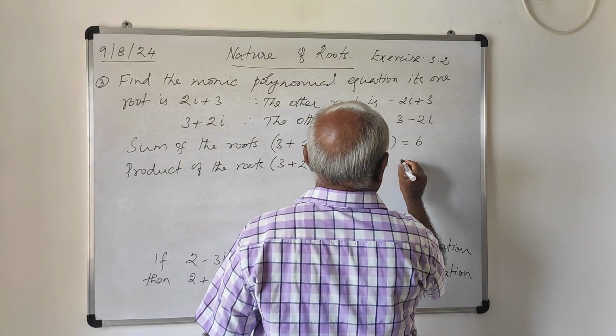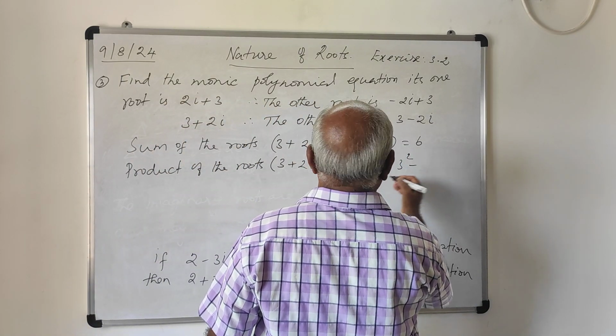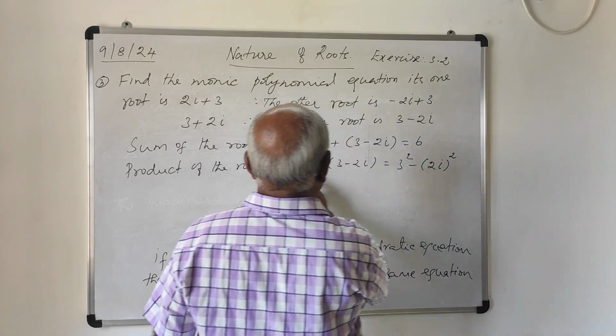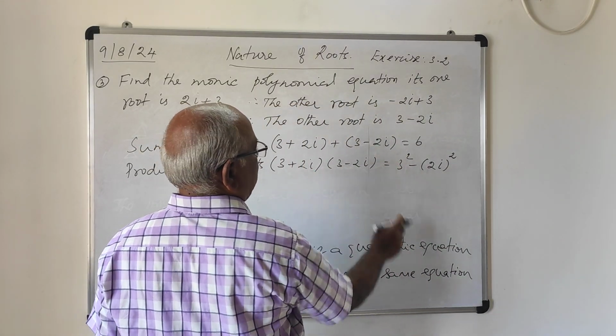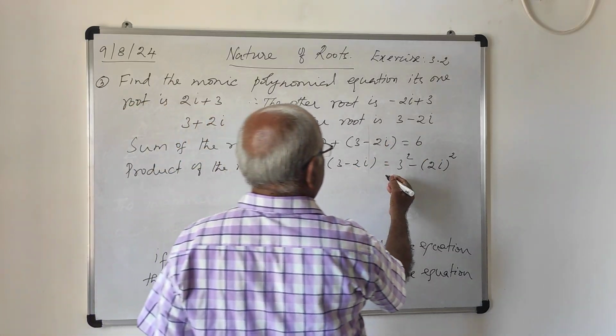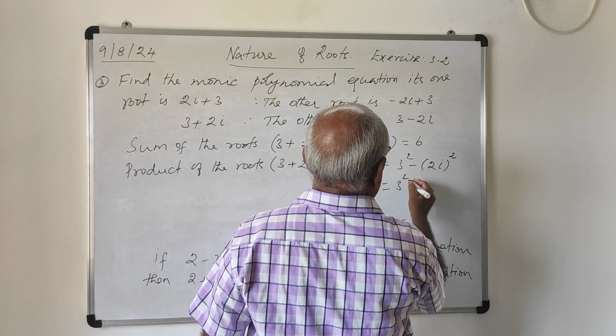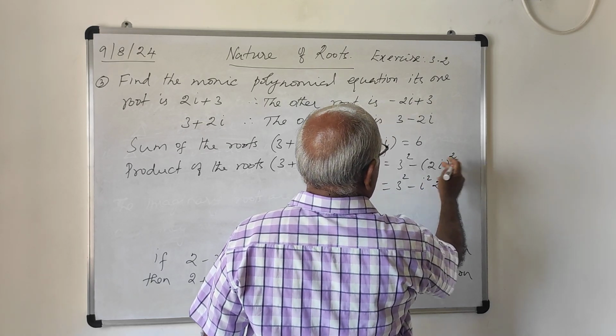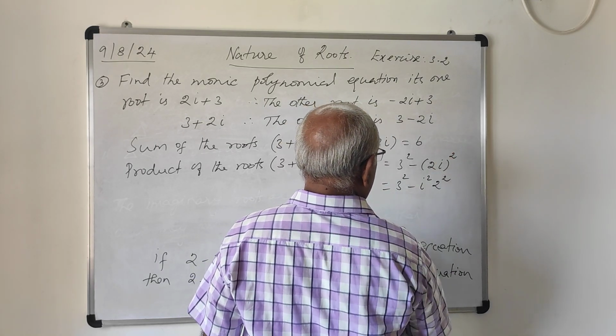A square is 3 square, minus b square, where b is 2i, so 2i the whole square is i square 2 square.